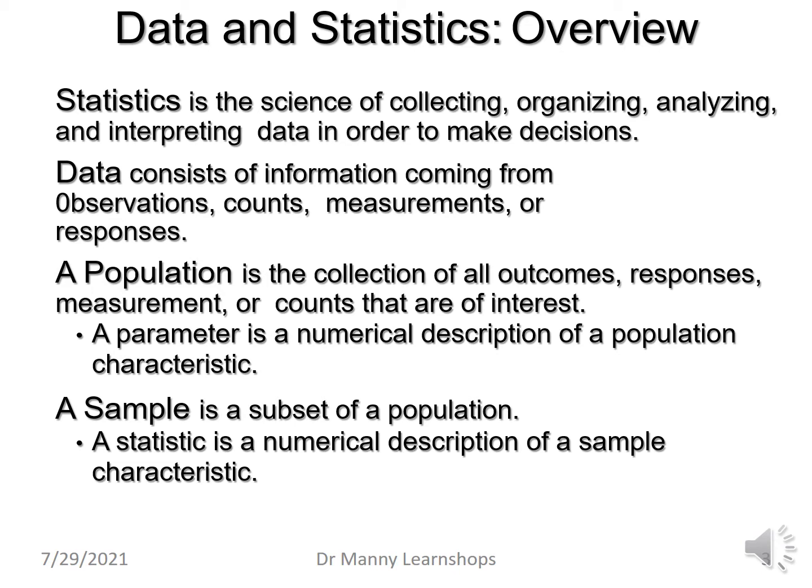A population is a collection of all the outcomes, responses, measurements or counts that you're interested in. A parameter is a numerical description of the population characteristic, and a sample is a subset of that population, as we discussed previously. A statistic is a numerical description of a sample characteristic.